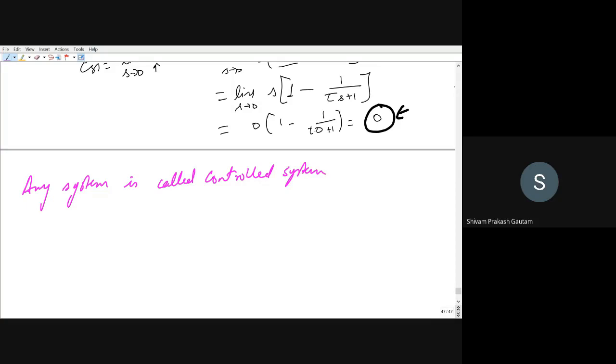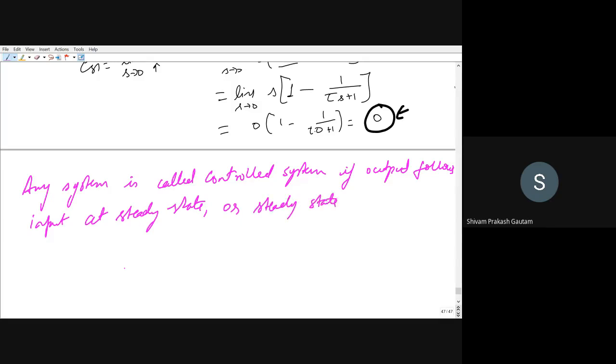As we are studying control systems, any system is called a controlled system if output follows input at steady state, or steady state error is as low as possible. This is important.